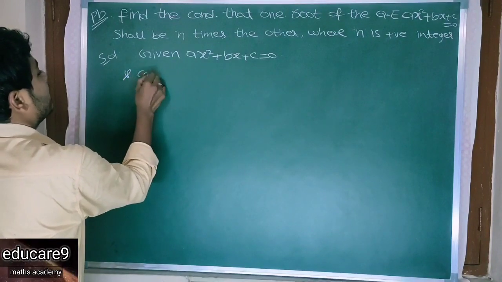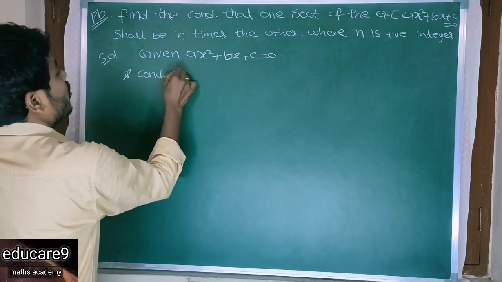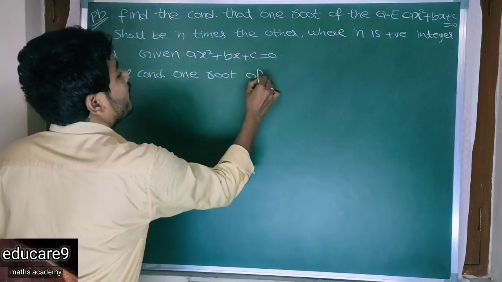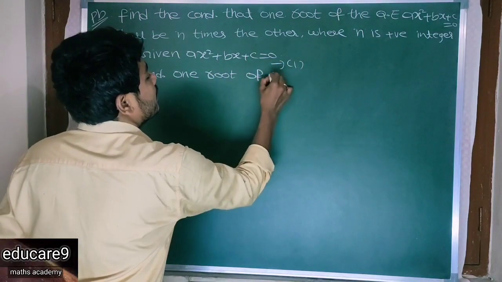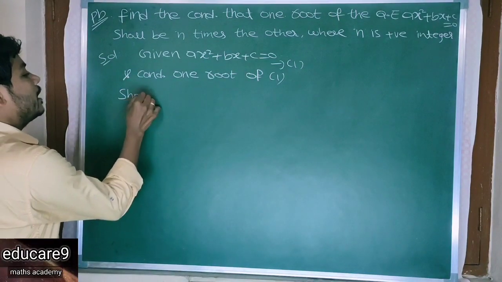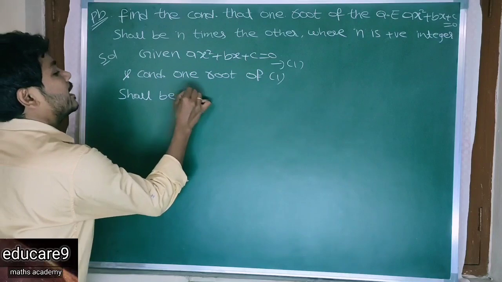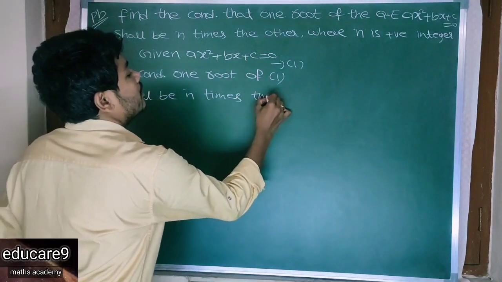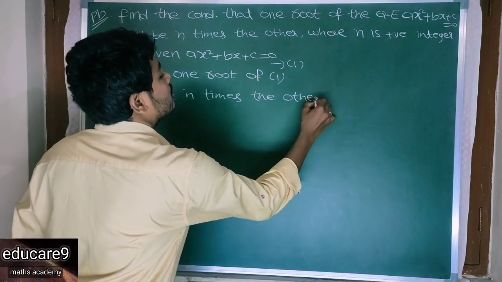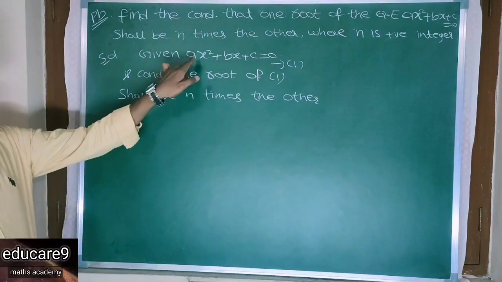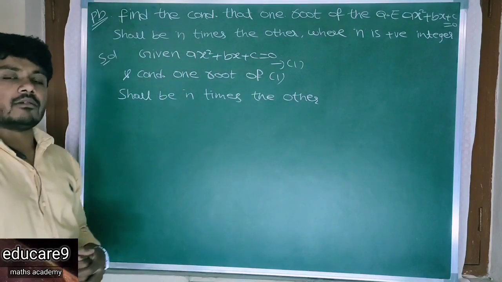So what is the given condition? The given condition is one root of equation 1 shall be n times the other root. So here this is the quadratic equation.